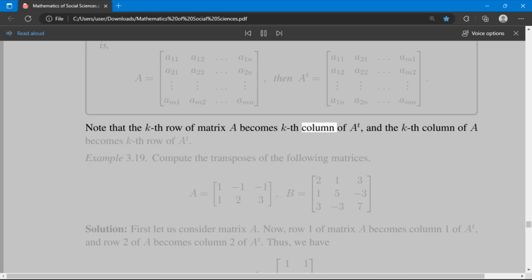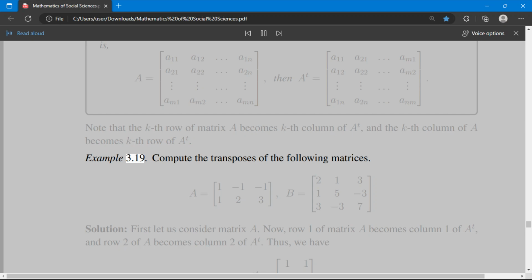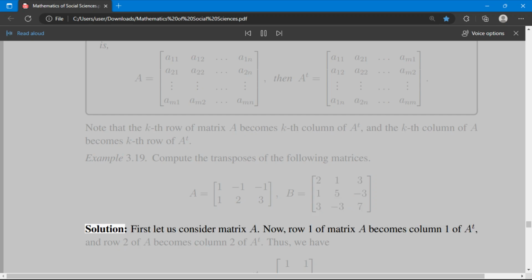Note that the kth row of matrix A becomes the kth column of A transpose, and the kth column of A becomes the kth row of A transpose. Example 3.19. Compute the transposes of the following matrices. A = [1 1; 1 2; 3 ...], B = [2 1 3; 1 5 3; 3 3 7].